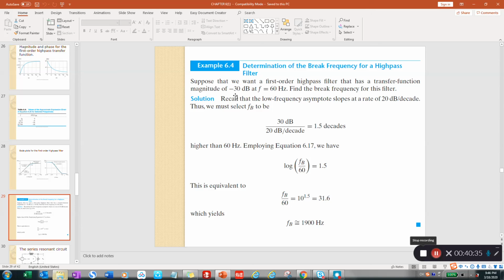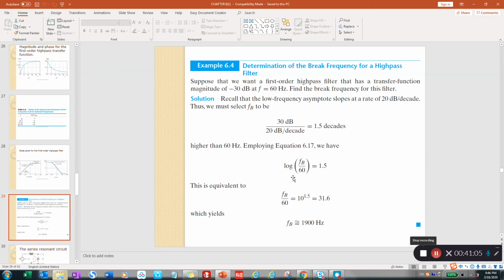So we want to know how many decades 60 Hz is from the break frequency. 30 dB divided by 20 dB per decade, we get 1.5 decades. That means 60 Hz is 1.5 decades from the break frequency, and we know that 60 Hz is on the left-hand side of the break frequency.